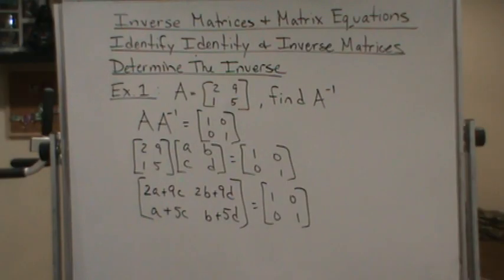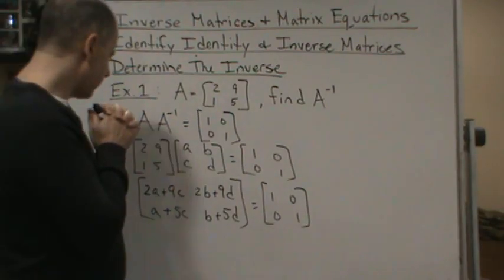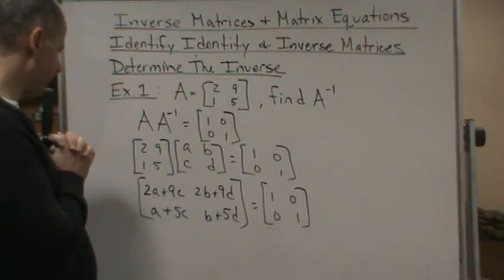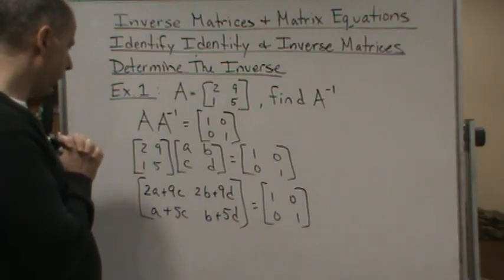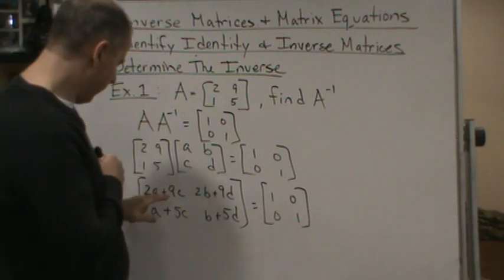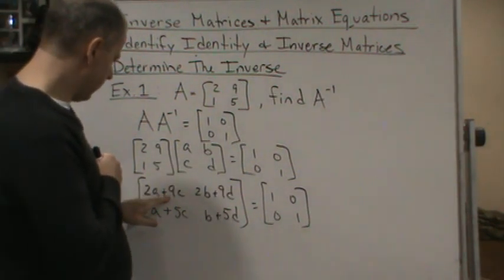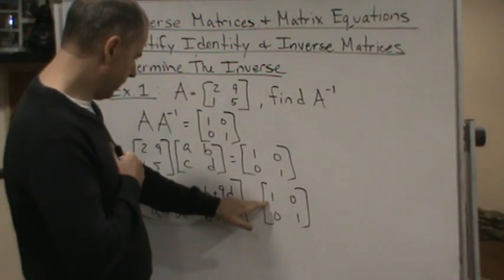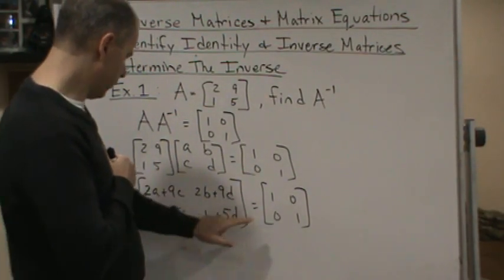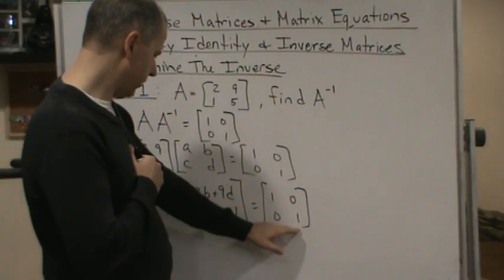Okay. Now notice something here, we end up with 4 equations, right? This is equal to this, this is equal to this, this is equal to this, and this is equal to this.